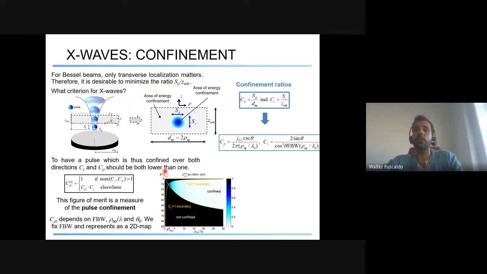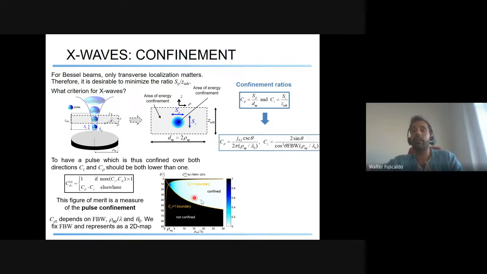So the way this figure has to be interpreted is the following. When you see a dark area, it means that the pulse will never be confined along both the radial and the longitudinal direction if the aperture radius and the axicon angle that have been fixed to design such a device are in this dark area.